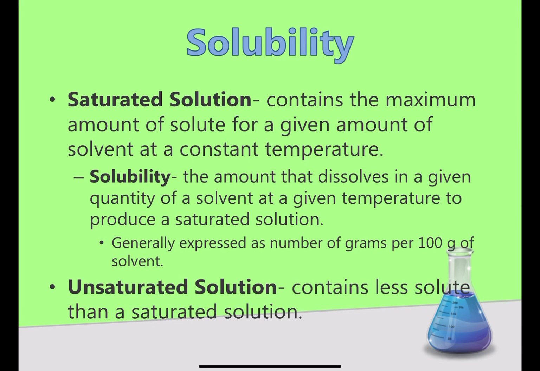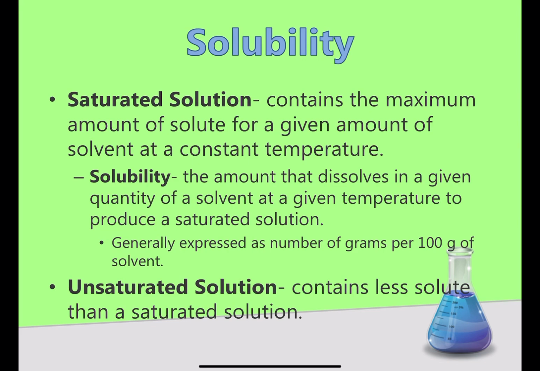Okay, now if you increase the temperature, you can increase the solubility a little bit. So for example, 100 grams of water at 25 degrees Celsius will only hold 36.2 grams of salt. That's all it'll hold, 36.2 grams of NaCl.